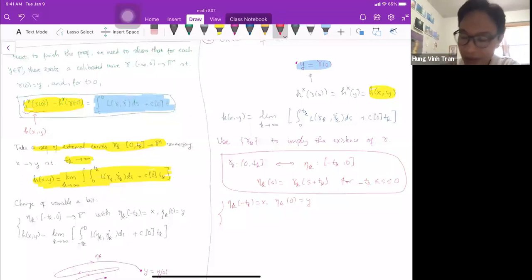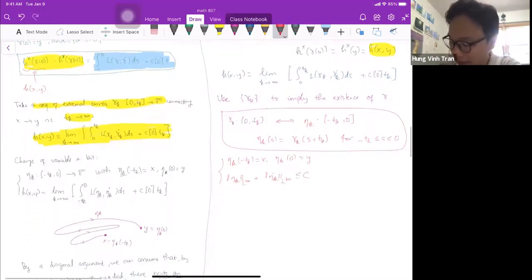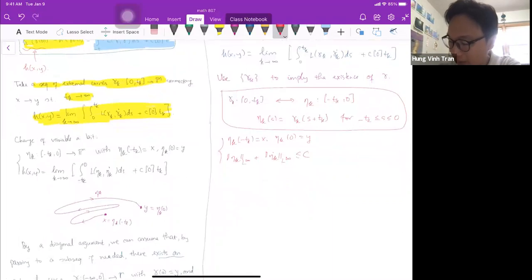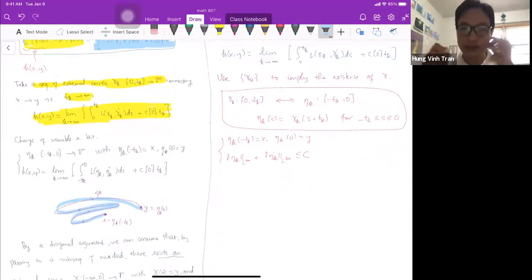And then eta k in L infinity plus eta k dot in L infinity is always bounded. Okay. So therefore, you can use the diagonal argument. Roughly speaking, the curve is like this, right? Going from that, it takes more and more time to go there. Again, you can extend it in a periodical way. So it's bounded.